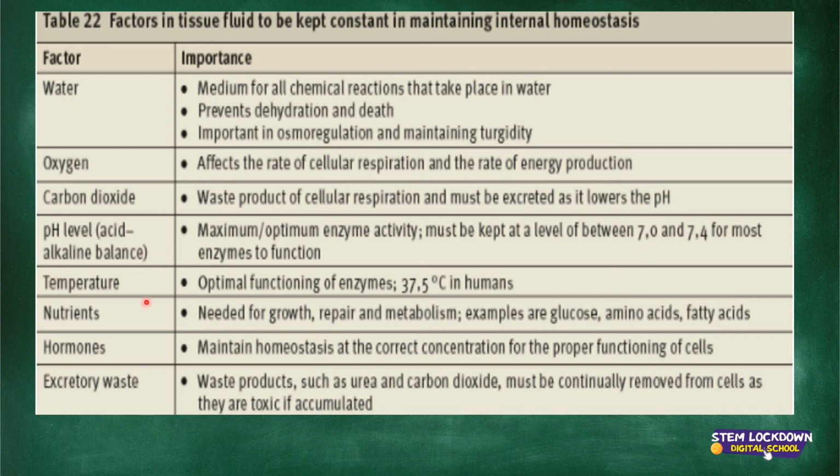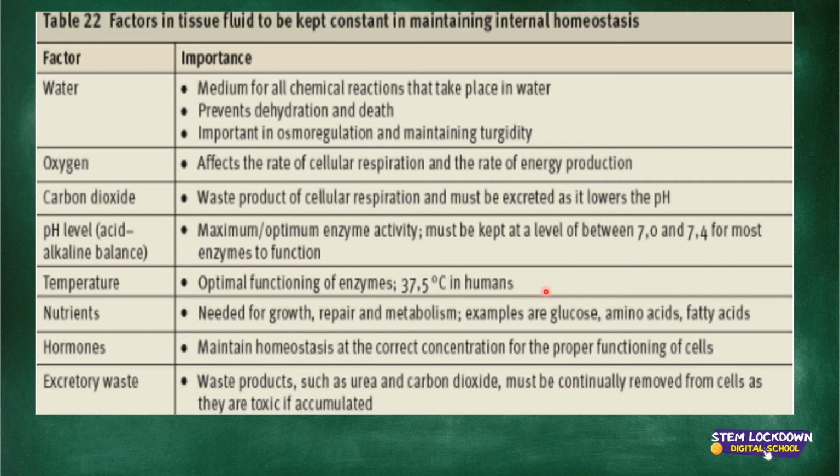We also discussed temperature. The importance of that is that the optimal functioning of enzymes is at 37.5 degrees Celsius in human beings. If temperature is not kept at this constant level, it will affect your body negatively, because enzyme function will be affected.